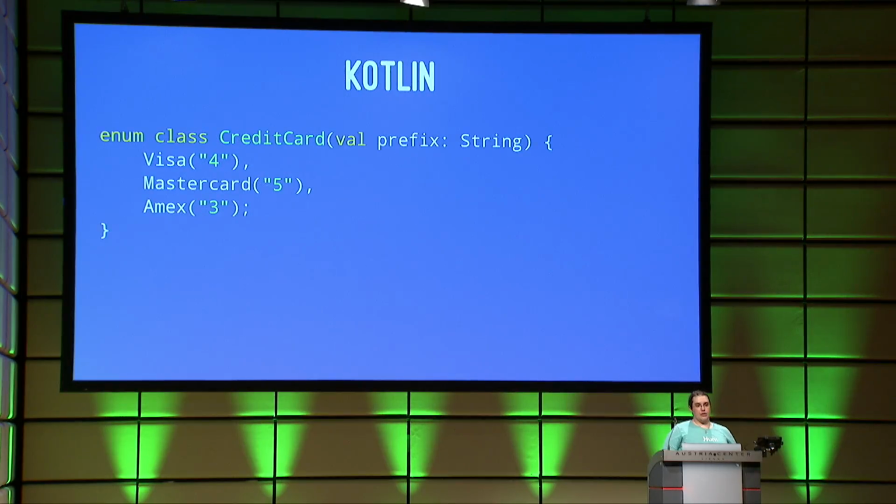In Kotlin, you can actually pass in strings, or you can pass in a variable with your enum class, but every single case has to have that same variable. If it's going to be different, it's not possible to do that with an enum class. So there's a different thing to do that.